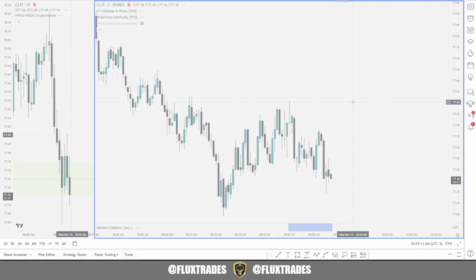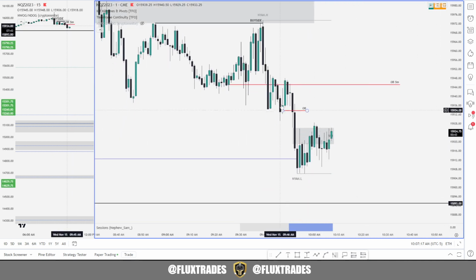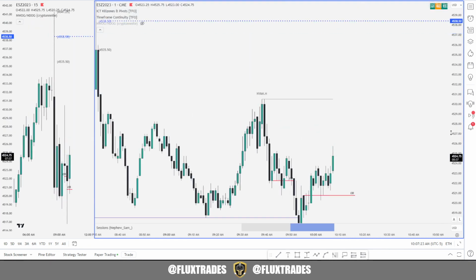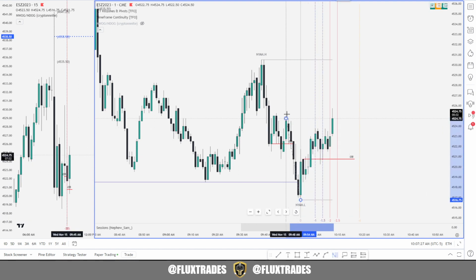So take a look at NQ now, starting to pop up through the order block. So that's what I was kind of scared of. As such, take a look at ES. So now we've really confirmed that breaker. It's kind of magic, isn't it? Took out the swing high right between that liquidity level. Tapping to this premium order block here.